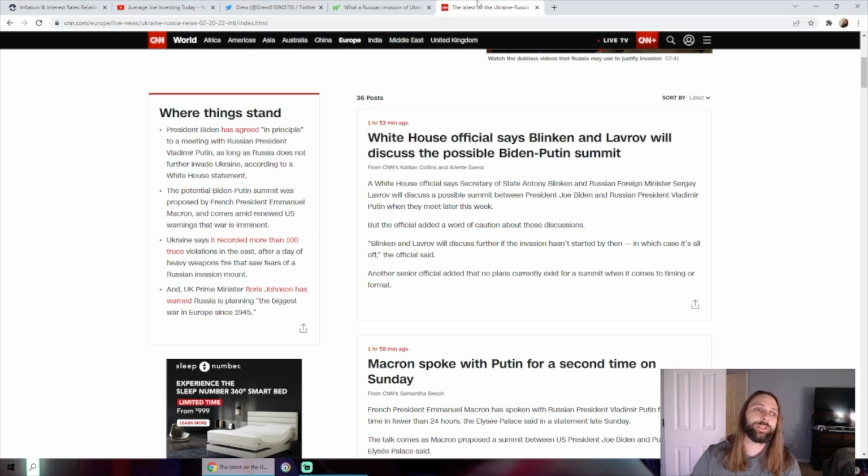So new news today is President Biden has agreed in principle to meet with Russian President Vladimir Putin as long as Russia does not further invade Ukraine. Hopefully this works out. Hopefully Russia pulls its troops back, or the news that they are pulling troops in goes away and war is no longer imminent. This will be a big factor, though, this week.